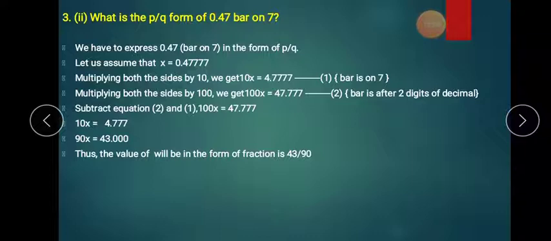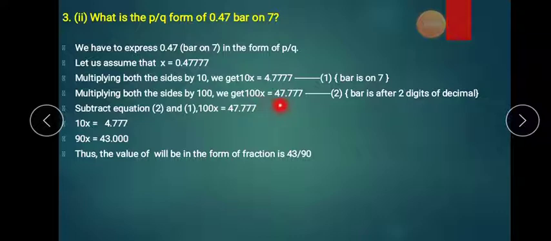So let us multiply with 100. So 100 into x will give you 100x, and 100 into 0.4777 will give you 47.777. We are multiplying with 100, so the decimal point will shift 2 digits towards the right hand side.